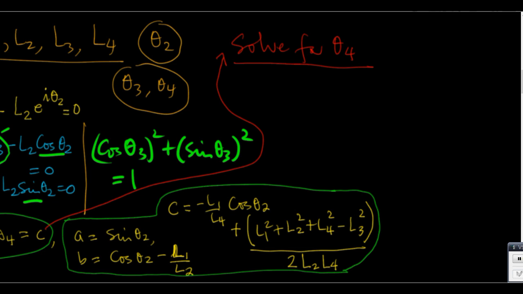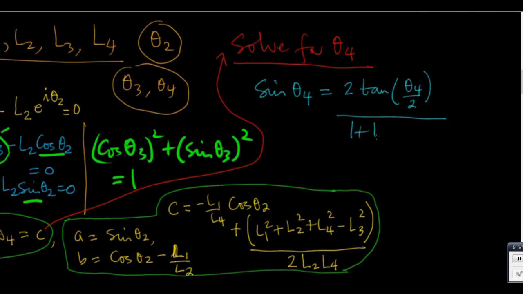So we write sin theta 4 is equal to 2 tan of theta 4 by 2 over 1 plus tan square theta 4 by 2.